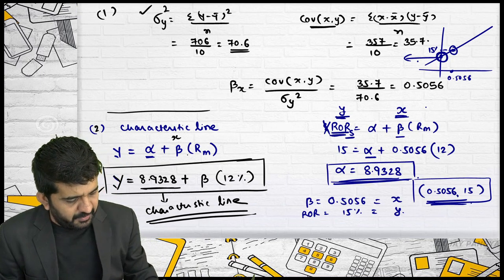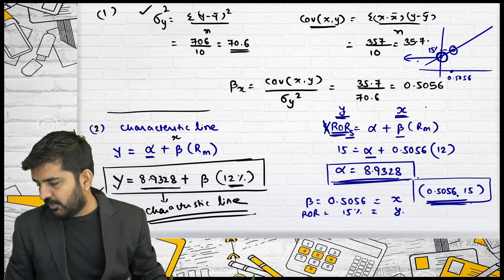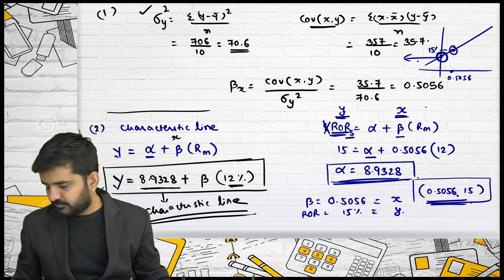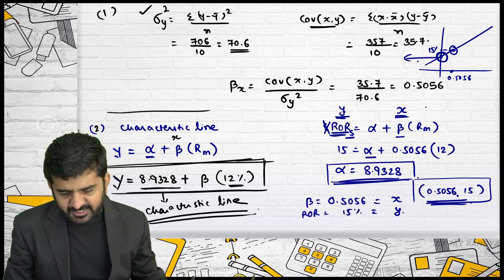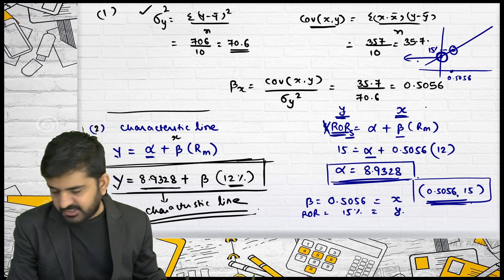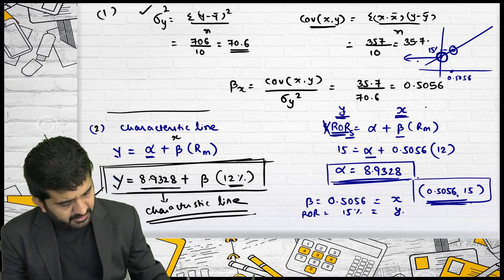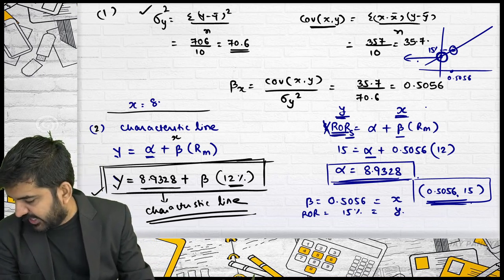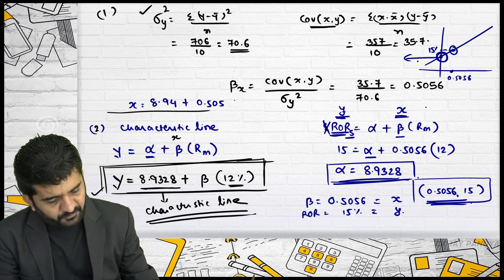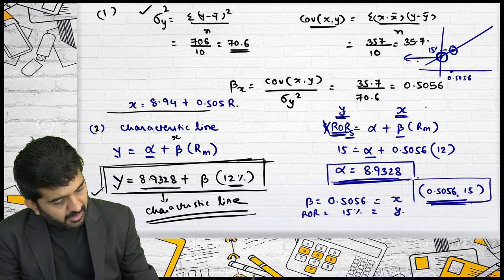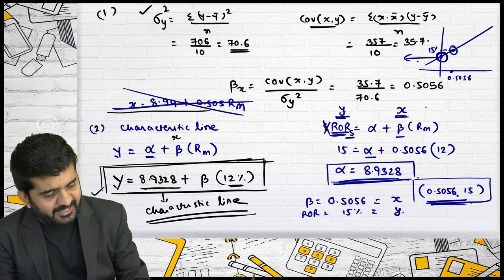So I am not writing down the beta value. I am writing this 12%. Is it alright? See what is given in the suggested answer. What is the line written in the suggested answer? It is x is equal to 8.94 plus 0.505 Rm. This is not a characteristic line.